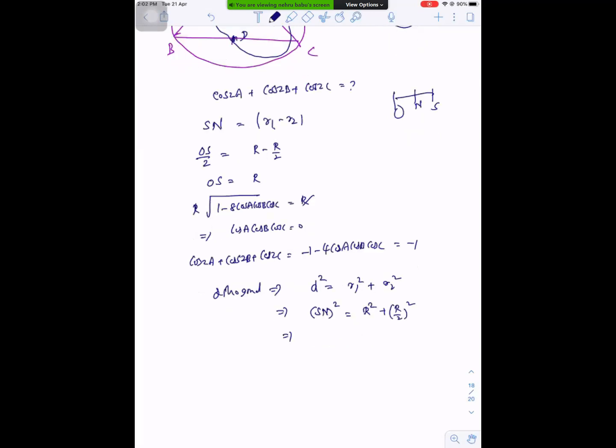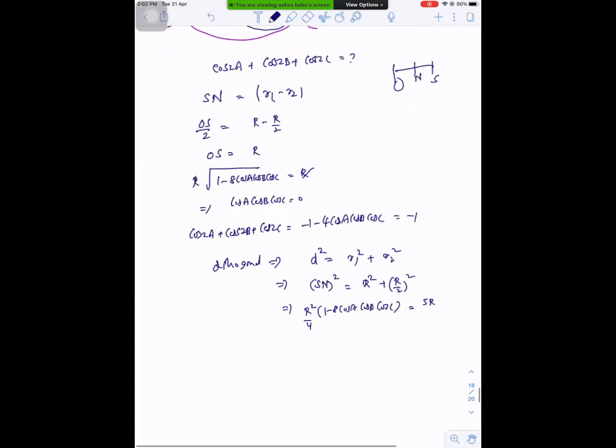SN square is R square into 1 minus 8 cos A cos B cos C, divided by 4, because SN is the midpoint result, R by 2, and the numerator is only OS square. So by 4 will come, and here 5R square by 4 will come.